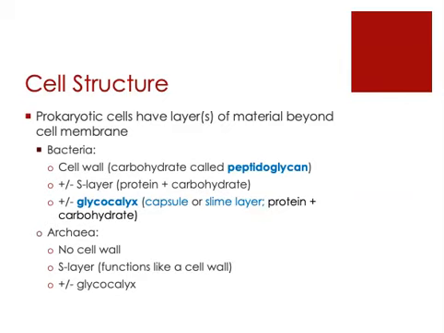Some of them have capsule, some of them have slime layer, and some bacterial species have neither one. When you look at archaeal cells, they may have glycocalyx or they may not, just like the bacteria. Some of them have capsules, some of them have slime layers, some have neither one.